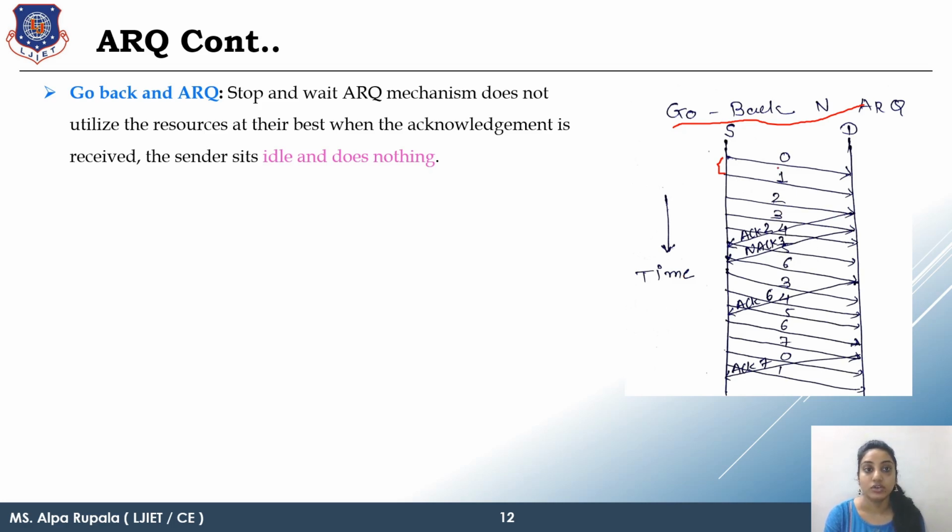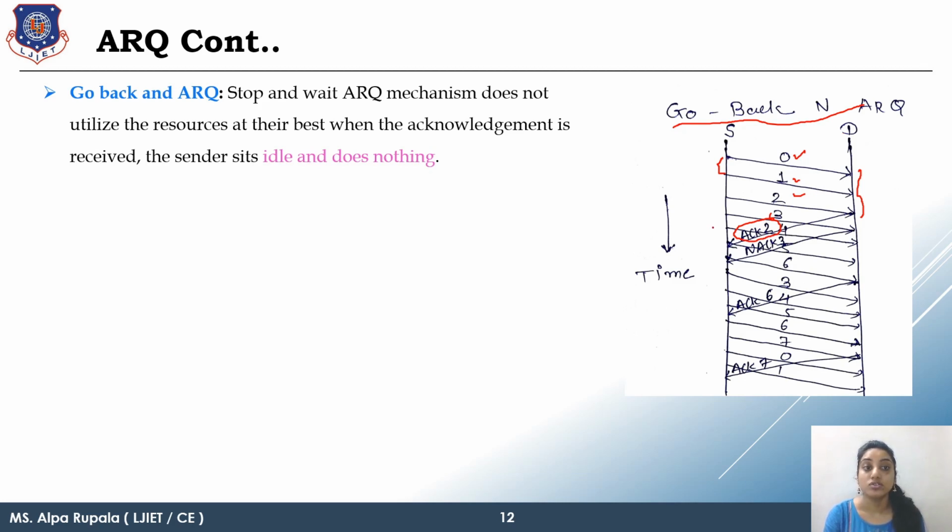Your acknowledgement will be sent for a bunch of the sequence. Suppose 0, 1 and 2 are received perfectly, but we send the acknowledgement with the ID 2. That means from the start till 2, that is 0, 1 and 2, have been received successfully at the destination side.